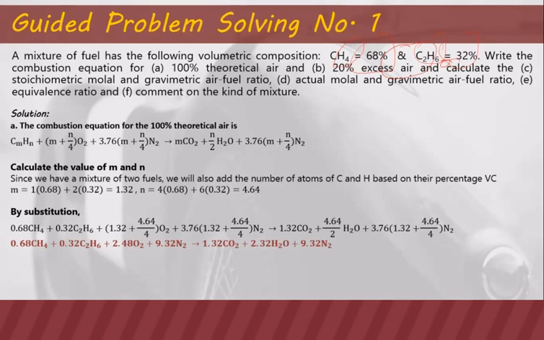The products are 1.32 moles of carbon dioxide, 2.32 moles of water, and 9.32 moles of nitrogen. We use 0.68 because it's given. The volumetric composition can be equated as the number of moles for that particular fuel, so the total is still 1 mole of fuel.